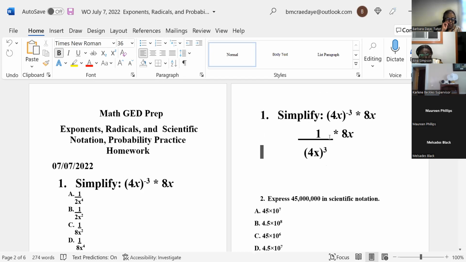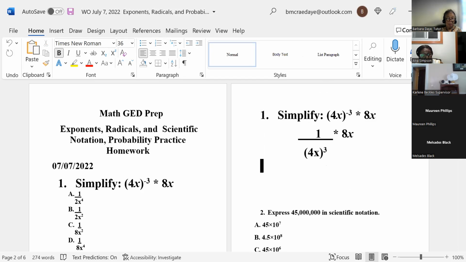Now, does anybody see the answer? So that 8x is now in the numerator, right? 8x times 1 is just 8x. So this will be 8x in the numerator. And in the denominator, we have 4x to the third.